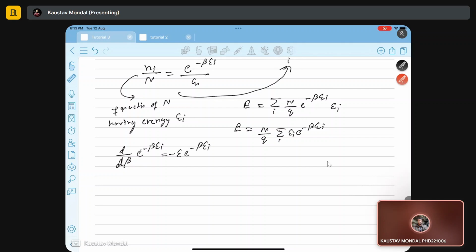This same term appears here also, right? So instead of writing this term in a summation format, we would simply write this whole term in this derivative format. This actually makes the whole expression a bit easier. So N by Q summation over i d by d beta of e to the power minus beta Ei.